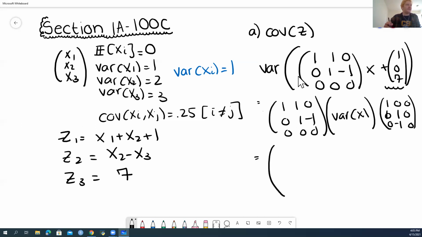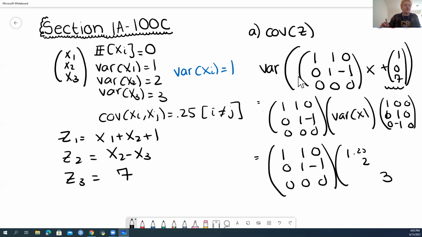And then we have the variance of X from up here. The variance of X down the diagonal is just going to be 1, 2, 3. And then it's going to be 0.25 everywhere else, right? Because the covariance between everything else is just 0.25. Times that.